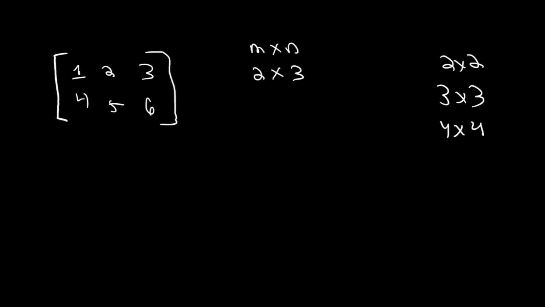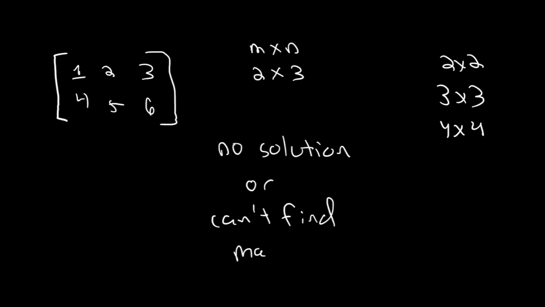So m times n needs to be the exact same. It can't be offset like 2 by 3, or 4 by 5. Since it is a 2 by 3, you can't find the determinant of it. So no solution, can't find it.